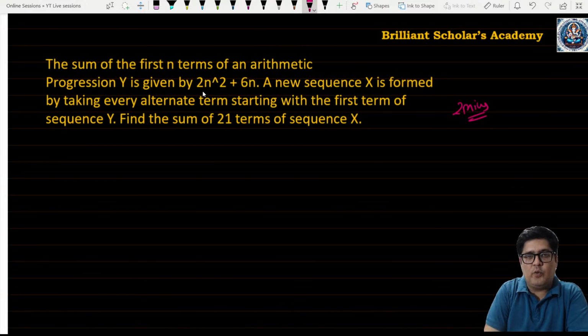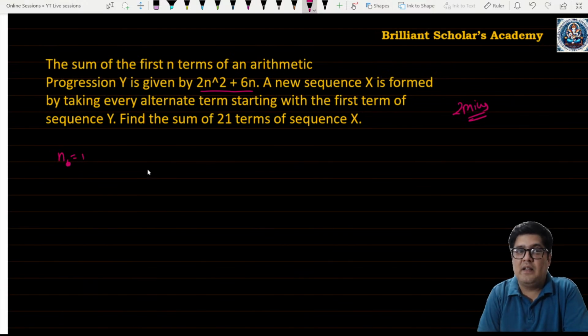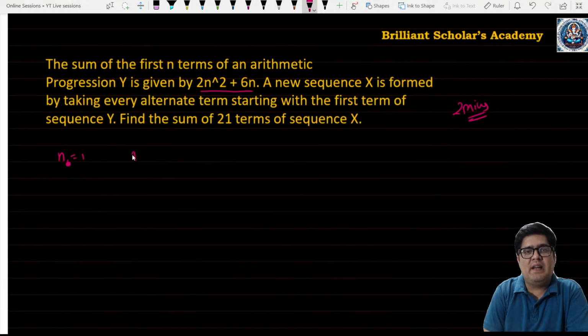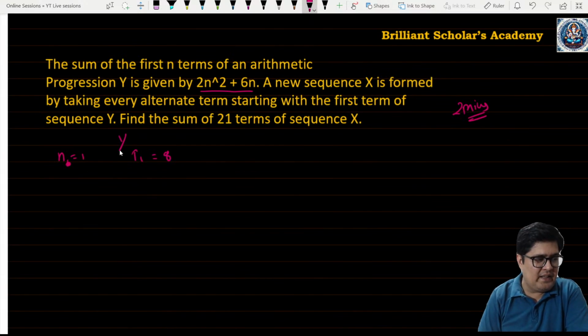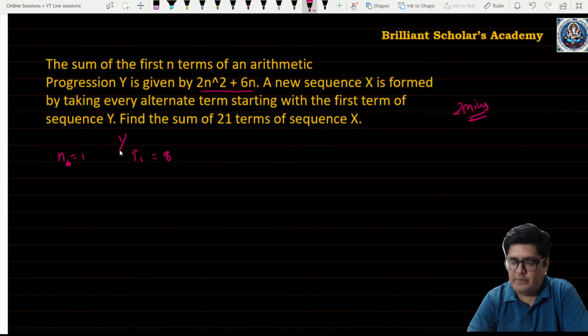Here we have been told the sum of the sequence is this. If the sum is given and you put n is equal to 1, there is only one term. That is the first term. So when I put 1 in this, I get the value 8. For the sequence y, the first value is 8.